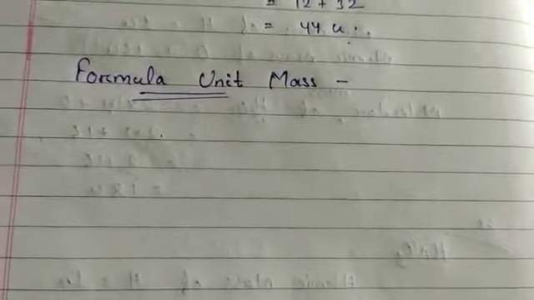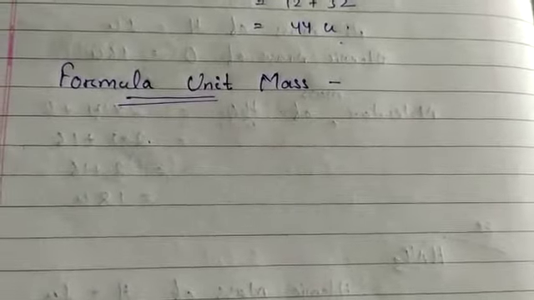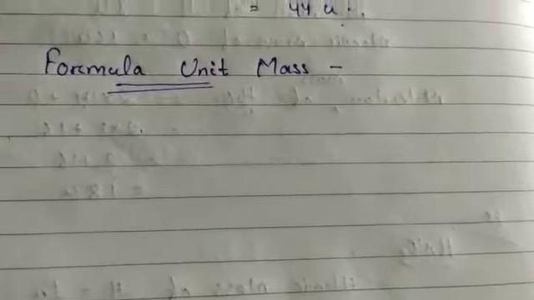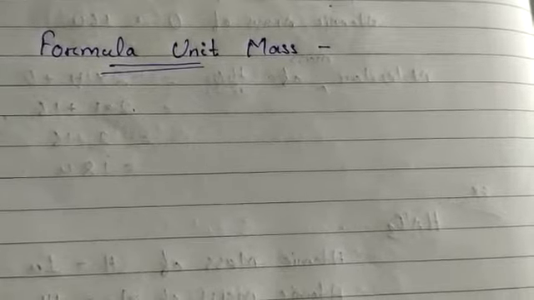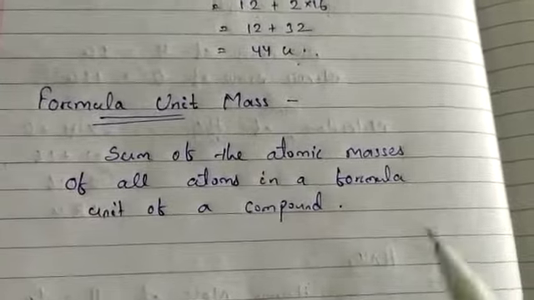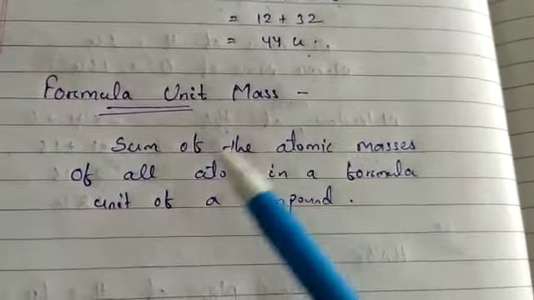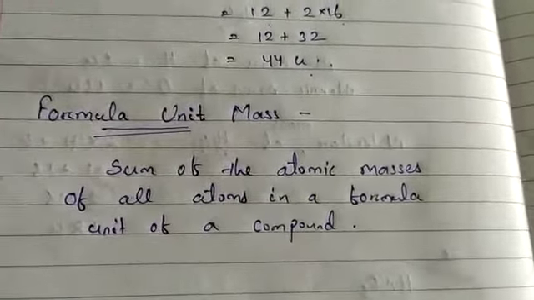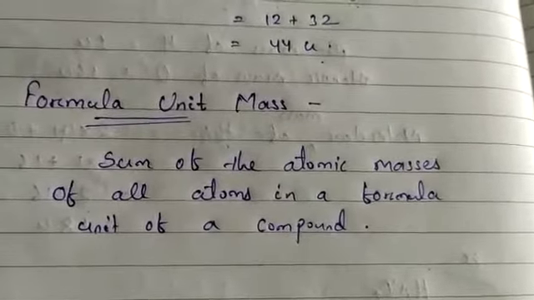The formula unit mass of a substance is the sum of the atomic masses of all atoms in a formula unit of a compound. It is calculated in the same manner as the molecular mass.